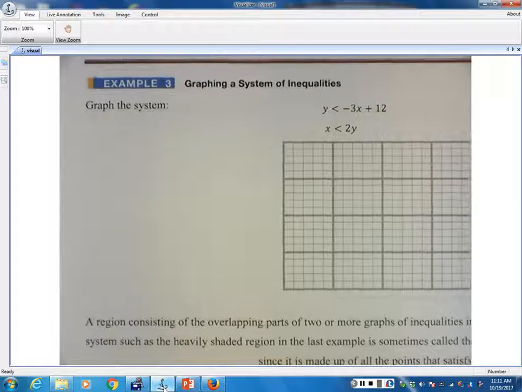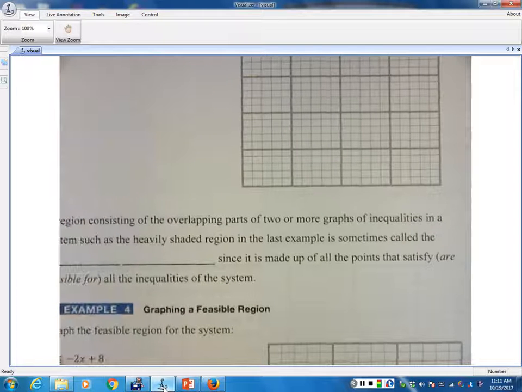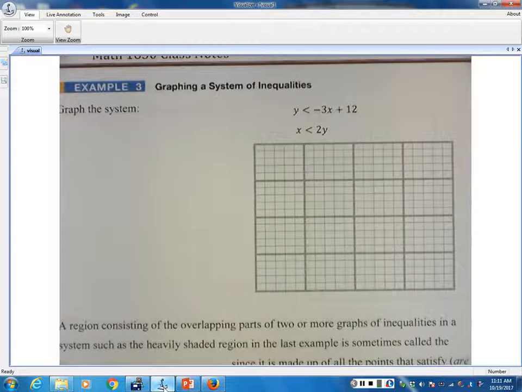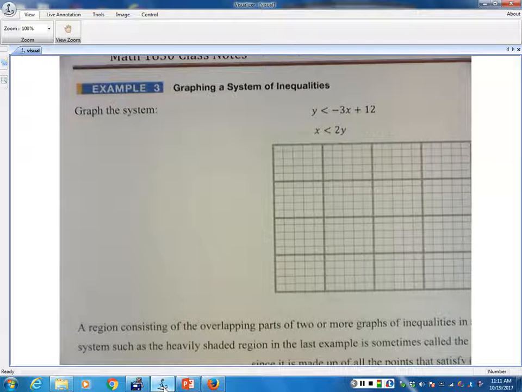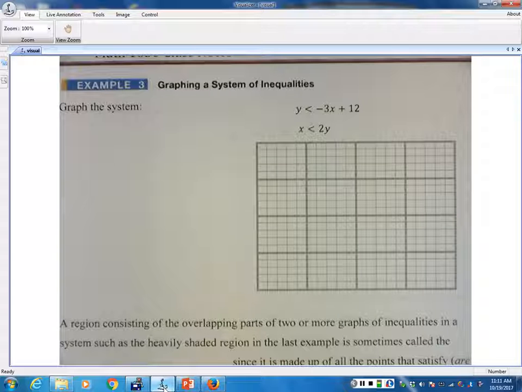Now, we're going to move from there, and it's not really much different from what we're going to do next. We're going to solve a system of inequalities. Just like equations can come in systems, inequalities can come in systems. And we're going to work the same process.